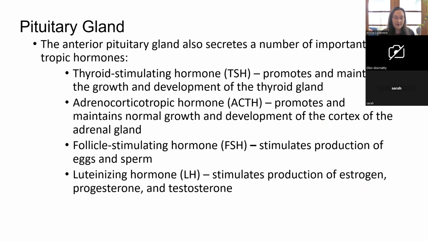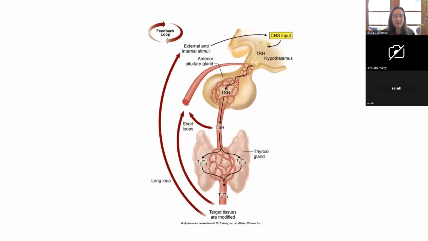And then follicle stimulating hormone and luteinizing hormone. These are gonadotropins. They are going to go to the gonads and tell the ovaries and testes what to do. Okay, so you can see why the pituitary gland gets its name as sort of like the gland in control, because it's telling so many of your other endocrine glands what to do.